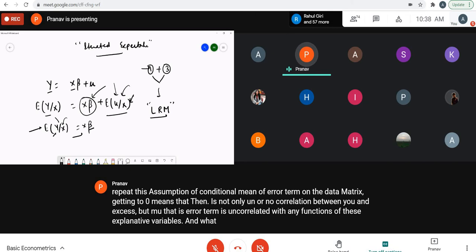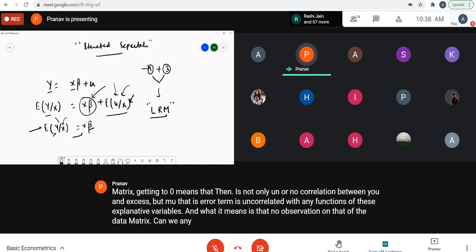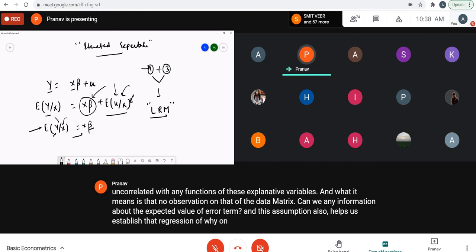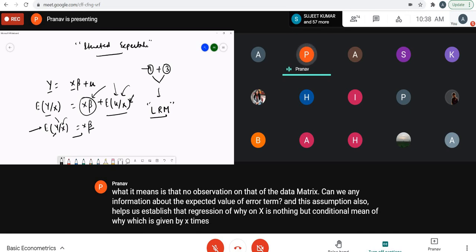And what it means is that no observation of the data matrix conveys any information about the expected value of the error term. And this assumption also helps us establish that the regression of y on x is nothing but the conditional mean of y, which is given by x times beta. That is nothing but a linear combination of x's.